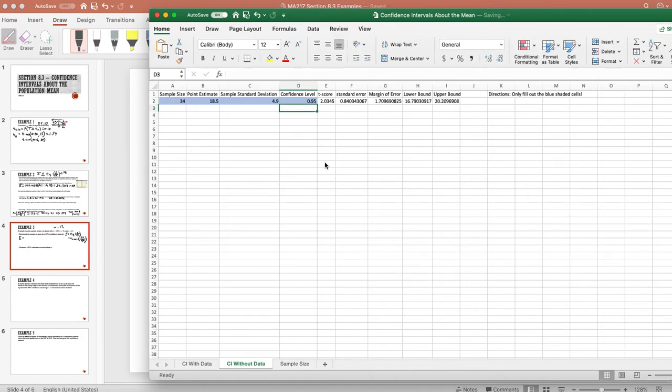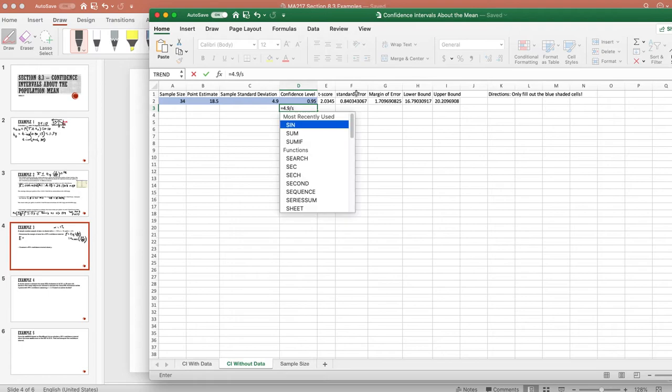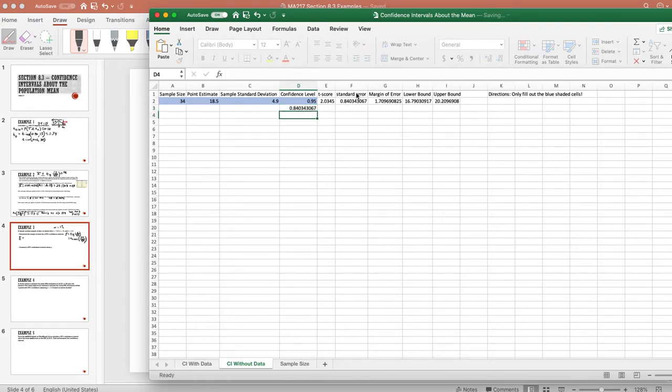That gives us the t-value of 2.03, standard error of 0.8403, which you could see is what happens if we did 4.9 divided by the square root of 34. We get the exact value, which is good. Anywho, it gives us the margin of error right here of about 1.7097.